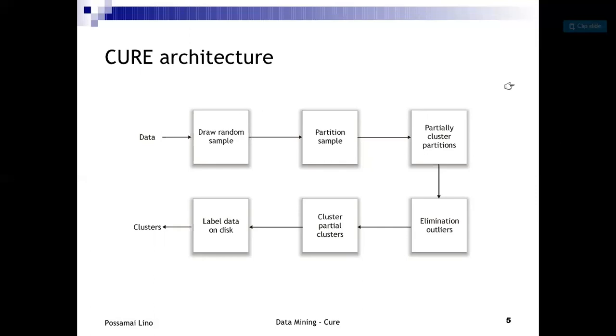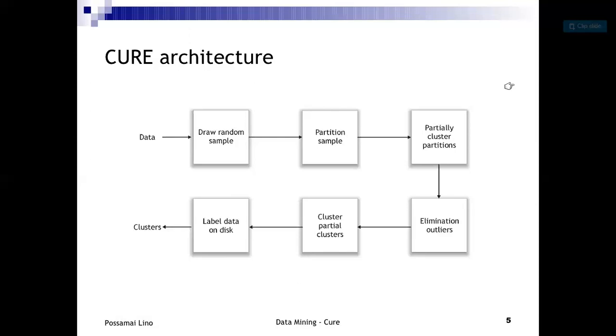Make sure it is clear here that inside the partition we create partial clusters, and if there is a cluster which has very few points inside it, then that is considered an outlier, and those points are deleted. I shall discuss it in detail. After partial clustering, there are some clusters in the partitions which have fewer points than a certain threshold limit.